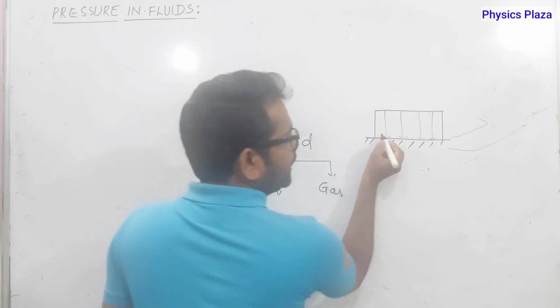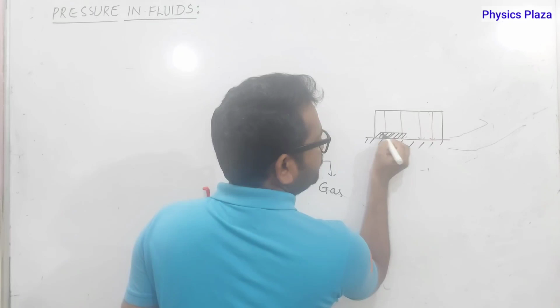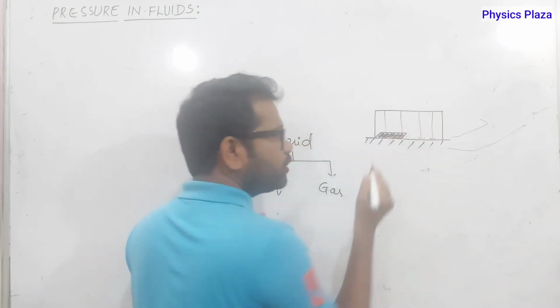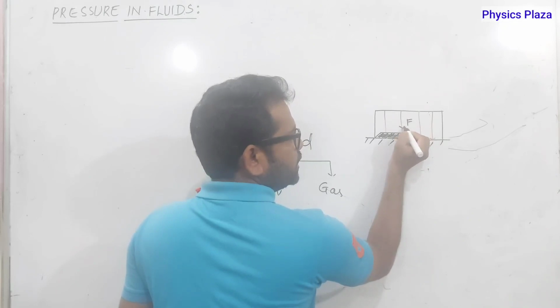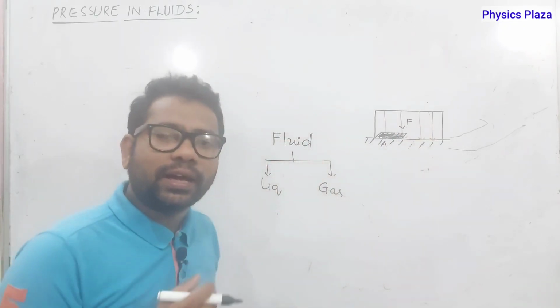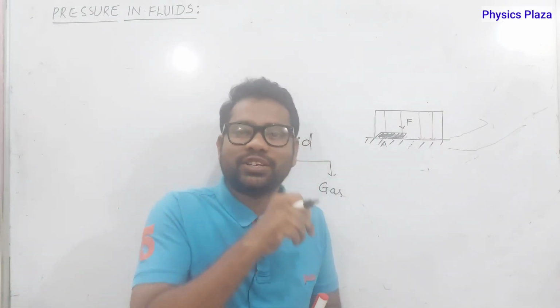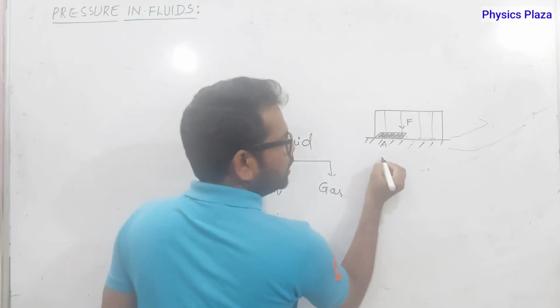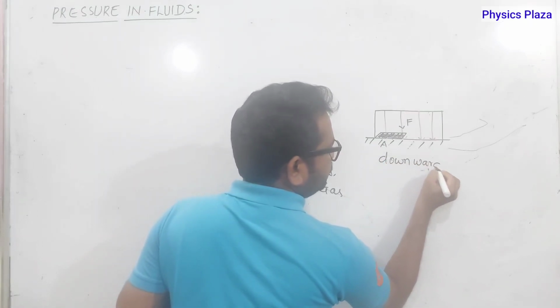If you calculate this force per unit area, then you get pressure. So, as the force is acting in the downward direction on a certain area, we can say that the solid exerts pressure. But in what direction? Undoubtedly, it is downward only.